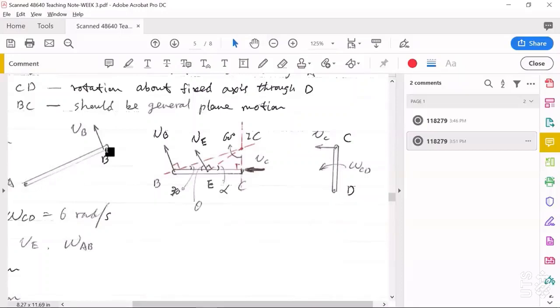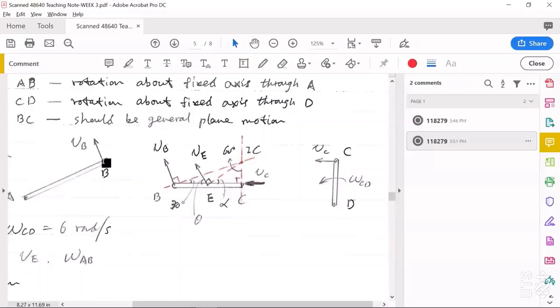For AB, we know it's undergoing rotation about point A. So VB, its direction, must be perpendicular to AB.